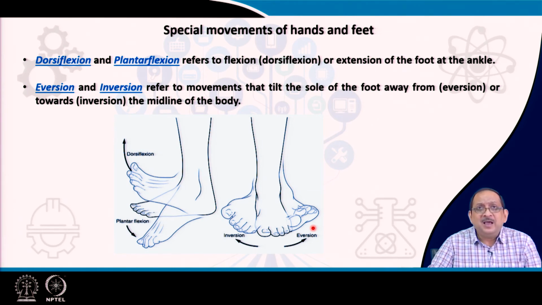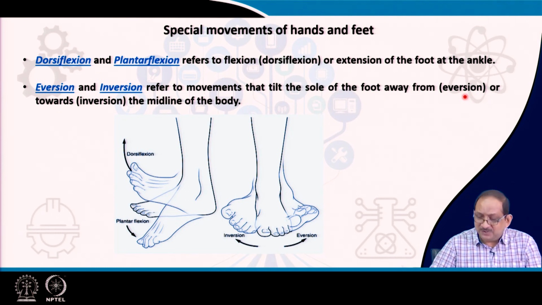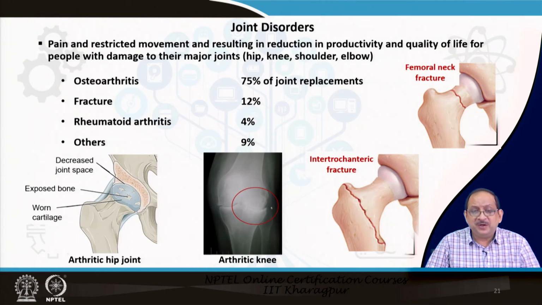And there is also eversion and inversion, which refers to movements that tilt the sole of the foot away, which is eversion, or towards, inversion, the midline of the body. So, towards the midline of the body is called inversion, and away from the midline of the body is called eversion. Let us discuss the joint disorders.